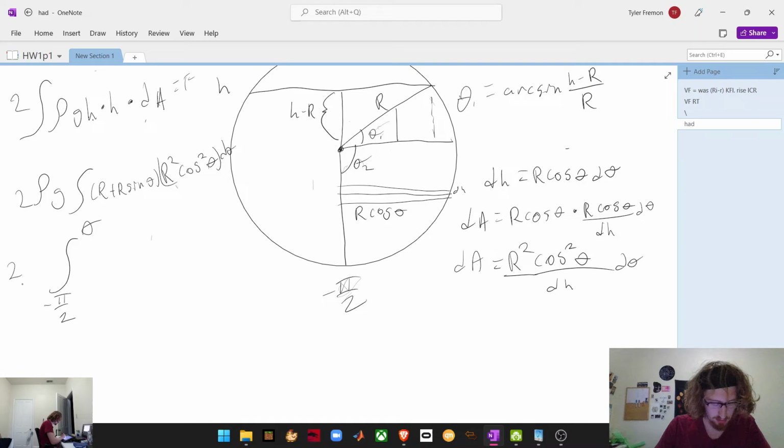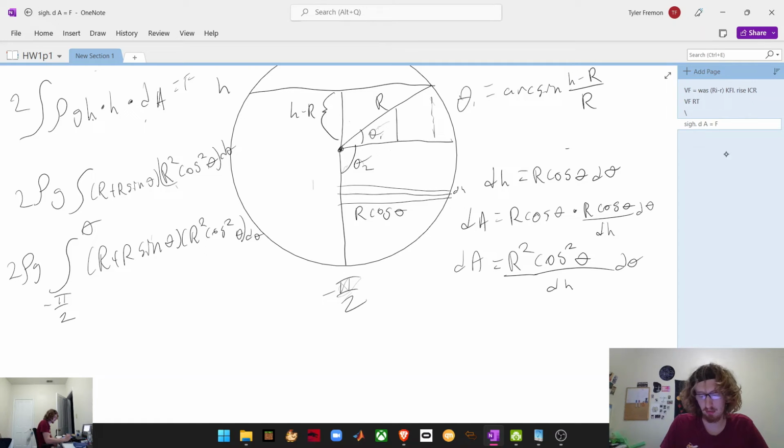So 2 rho g, integral from negative pi over 2 to theta, of r plus r sine theta, r squared cosine squared theta d theta.